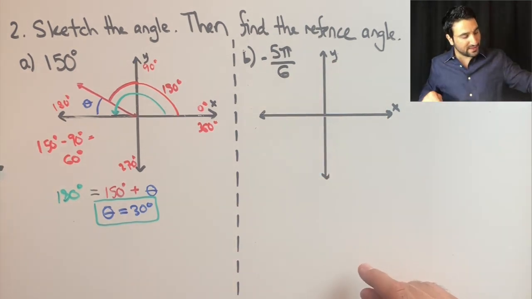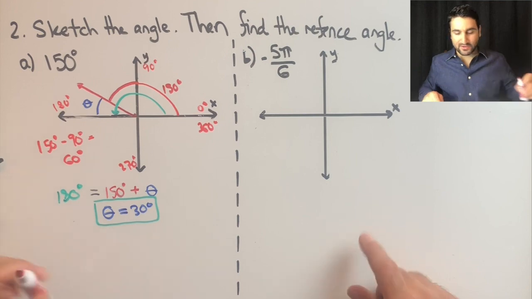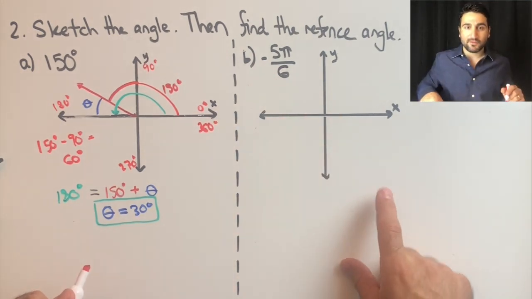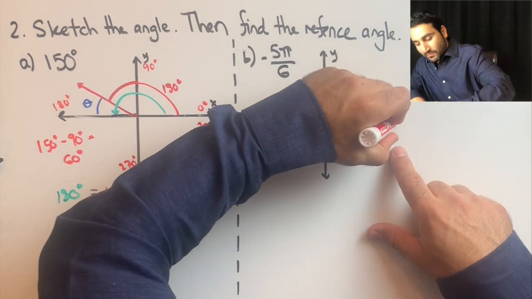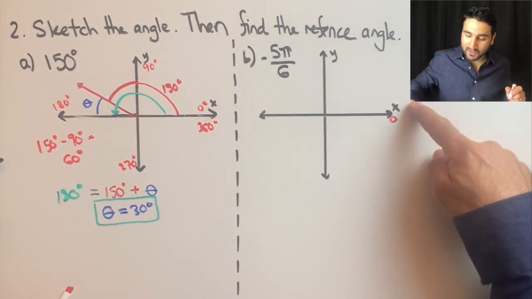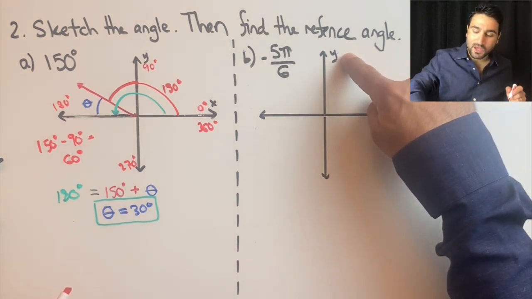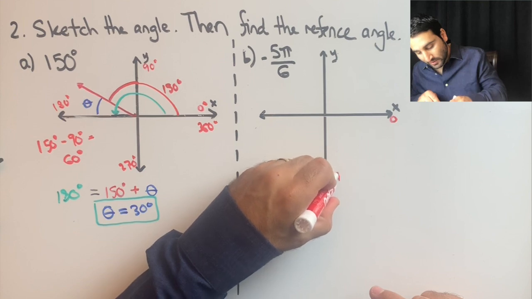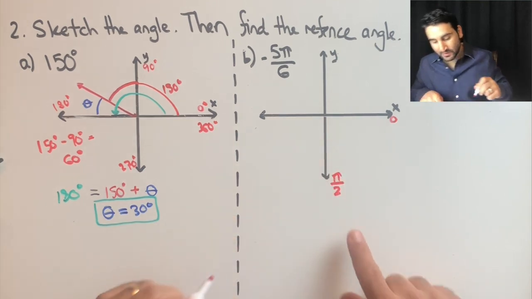So let's label the degree corners, but let's go negative, okay? So this is 0. If you went positive pi over 2, you'd be going this way a quarter. But we're going to go negative pi over 2. And we're going to end up here, okay?